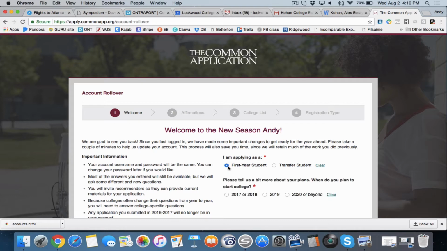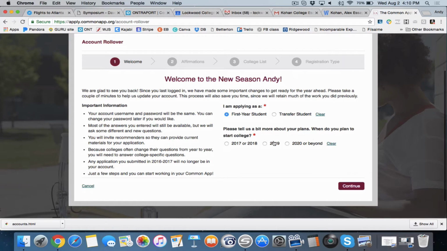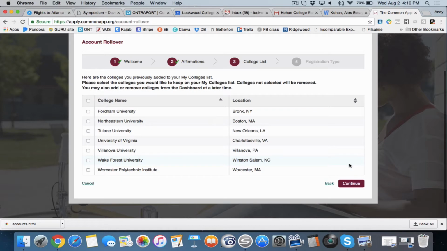If you already started registering for last year's application, that's what you would do, but most people won't have this, so you may not even see this site. So let's see, when you plan to start college, I'm going to say 2018, and you want to check off all this stuff. It's totally up to you, but if you don't check it off, you're not going to be able to do the Common App.